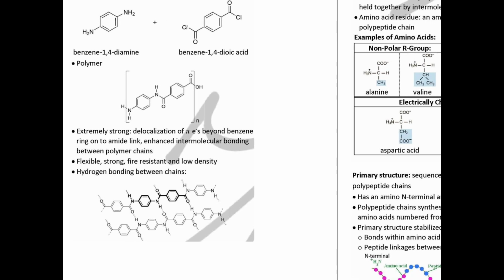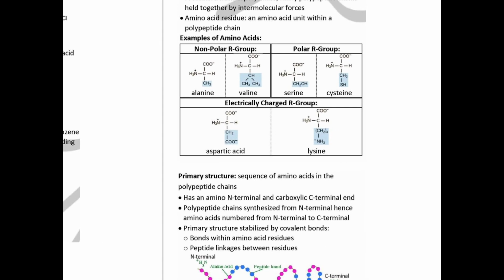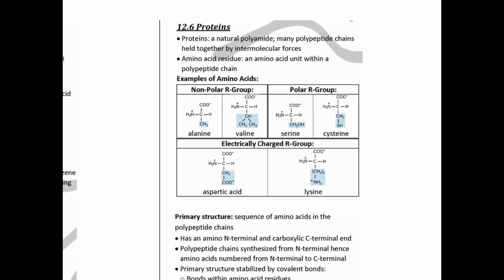Okay. Now Kevlar is settled already. So far we have done condensation polymerization, where we have polyester and polyamide. Okay, so now proteins. First point, proteins are natural polyamides. That means you should expect CONH in the structures.